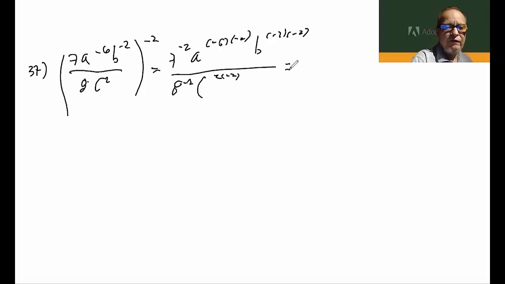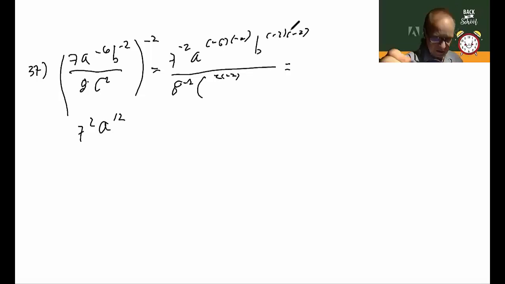And there we have 7 to the negative 2. A negative 6 times negative 2 will give us positive 12. B to the negative 2 to the negative 2 will give us b to the 4th.